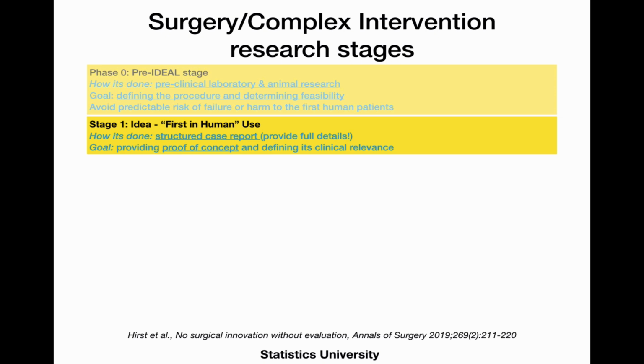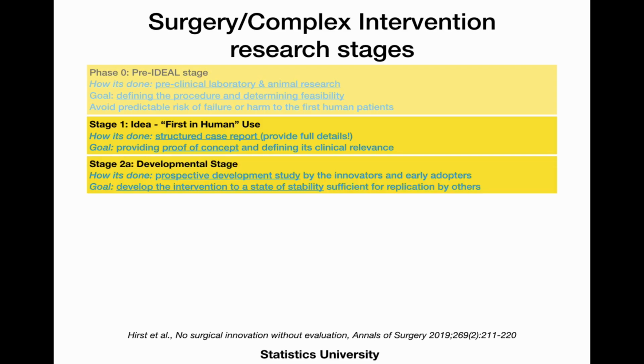So avoid only reporting success cases. Now, stage 2 can be subdivided in different parts. The first part, stage 2A, is the development stage, where prospective development studies by innovators and only early adopters are performed to develop the intervention to a state of stability sufficient for replication by others.